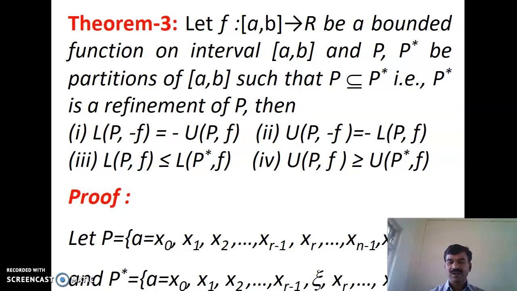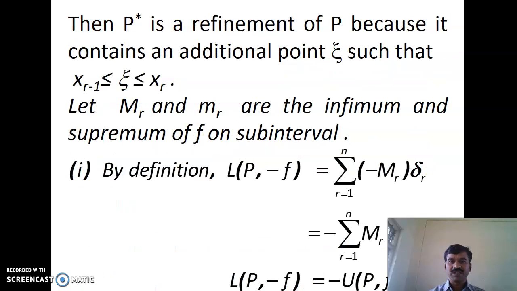Let P and P star be partitions of the closed interval [a, b], where P star is a refinement of P because it contains an additional point xi such that xi lies in the subinterval (x_{r-1}, x_r), and let capital M_r and small m_r be the supremum and infimum of f on the subinterval.